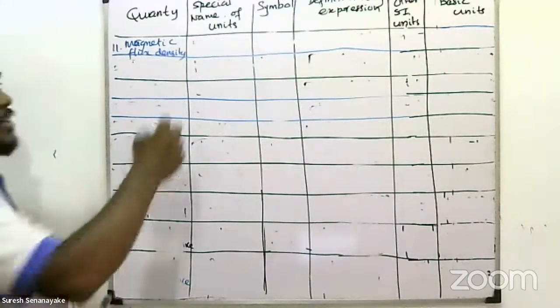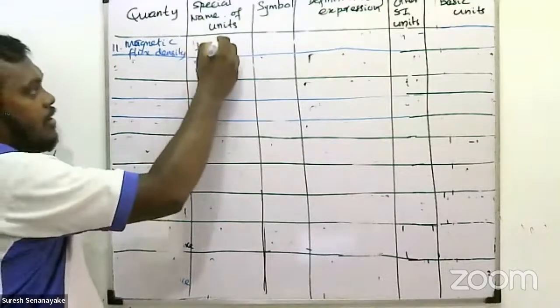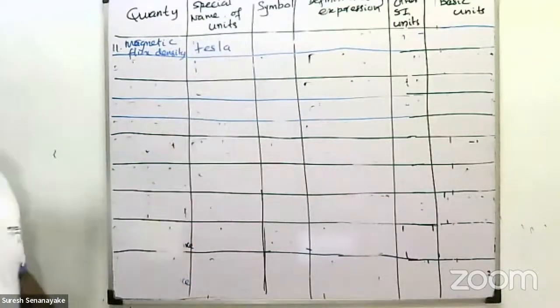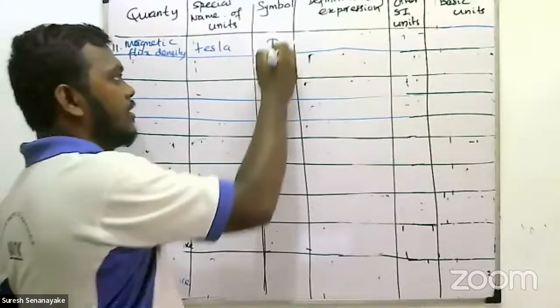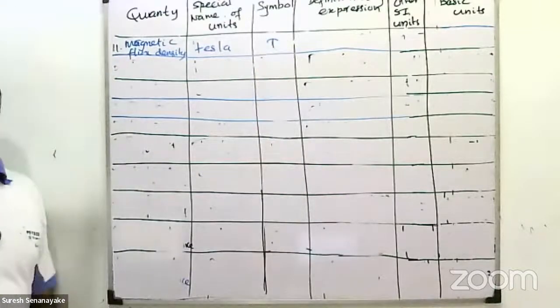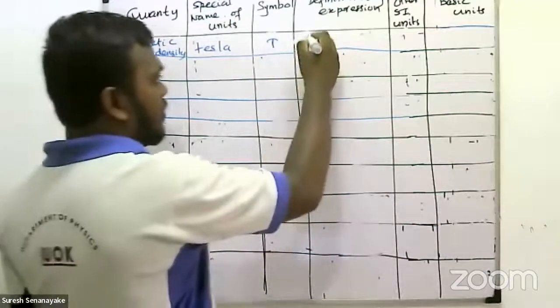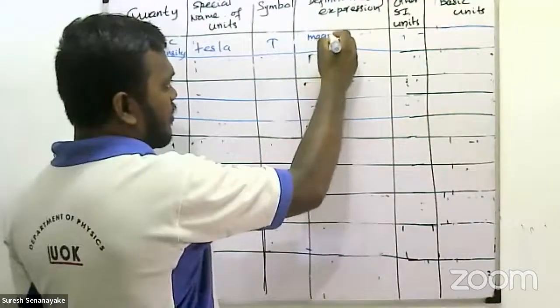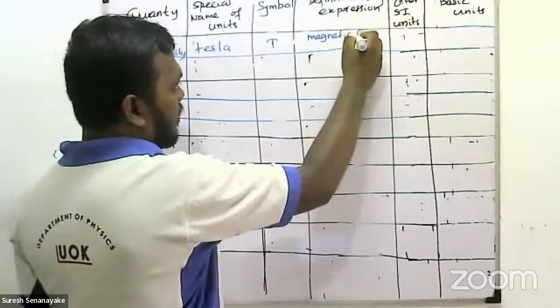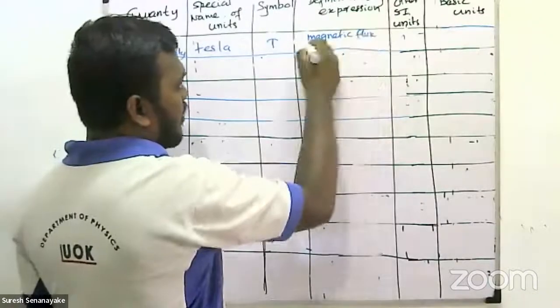So it's measured in Tesla. The symbol is capital T. The definition is magnetic flux divided by the area. Magnetic flux divided by the area.